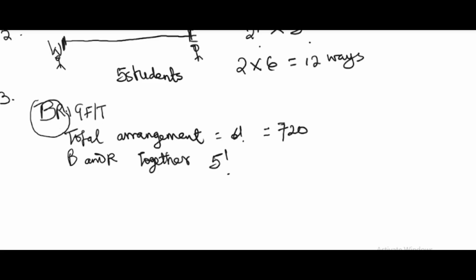So we'll count 1, 2, 3, 4, 5. Now, inside their togetherness, we don't know if B can be first and R second, or R is first, B is second. That is the 2 factorial, that's all. So we have 120 times 2, which is 240.